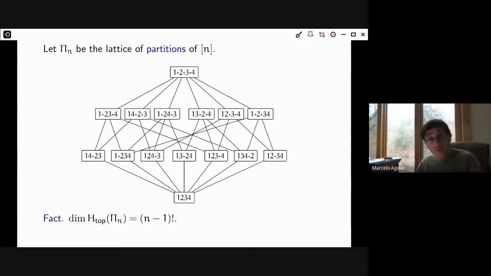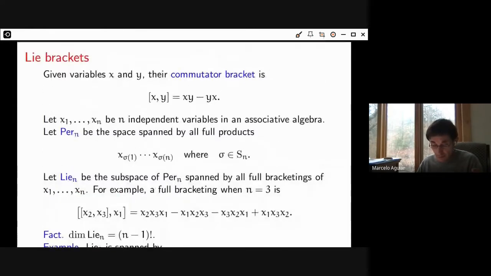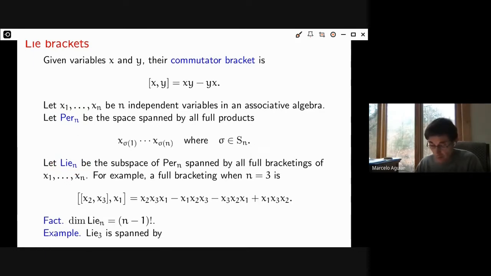And in the previous case, there was an action of S_n as well, right? If we quickly go back, Per_n is of course the regular representation of S_n. I can act by permuting the variables, and that action leaves this subspace invariant. So Lie_n is also a representation of the symmetric group.